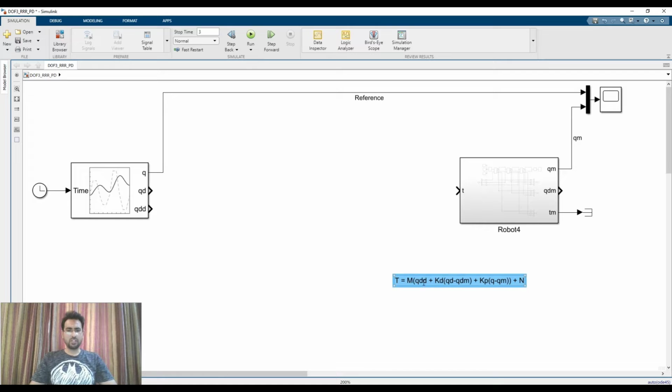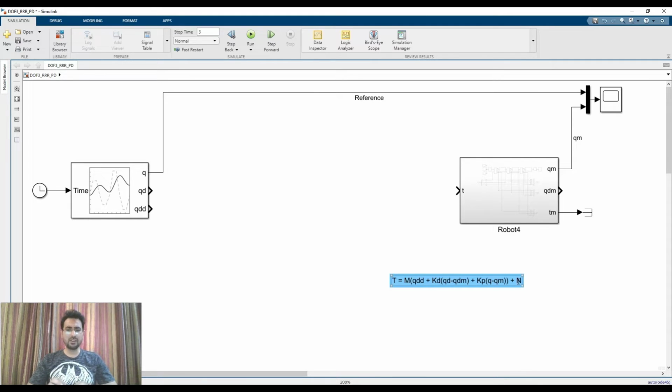And for implementing this equation, we require these things. We require the mass matrix, the desired acceleration, the desired velocity, then the measured velocity, desired angle, measured angle, and the torques required to overcome the Coriolis and gravitational forces.